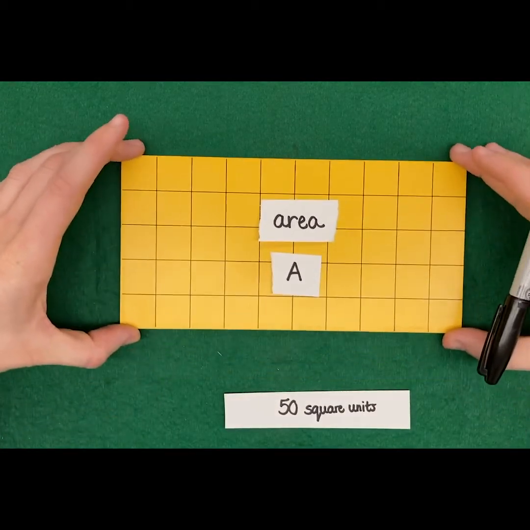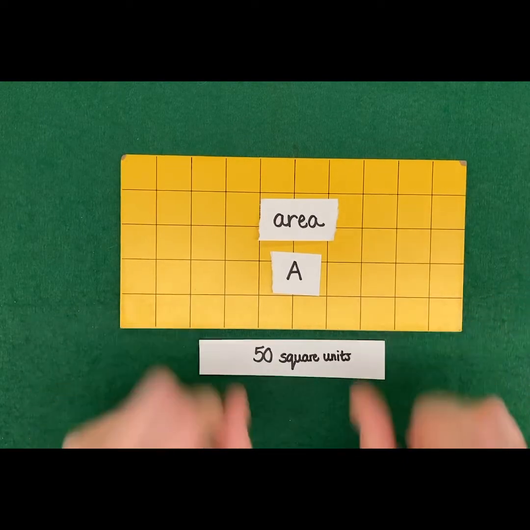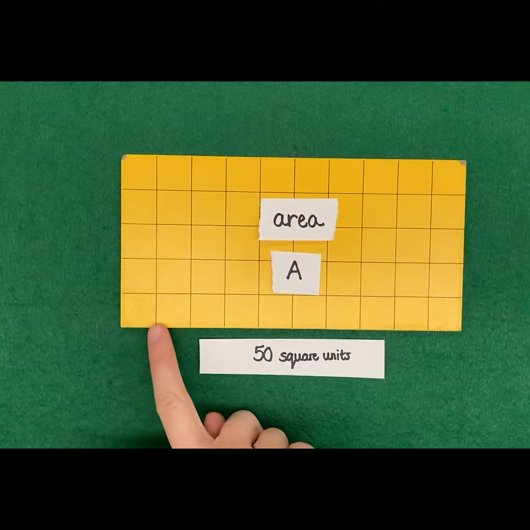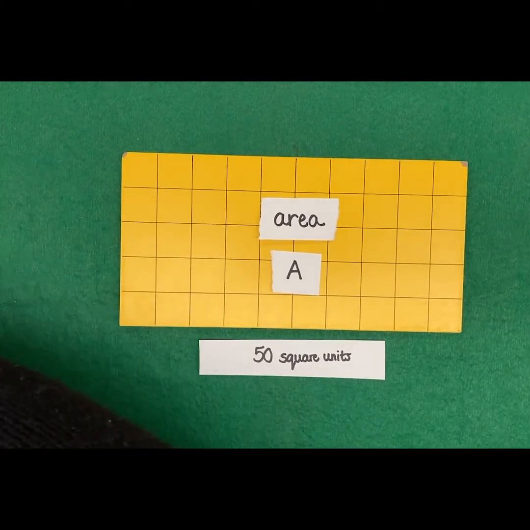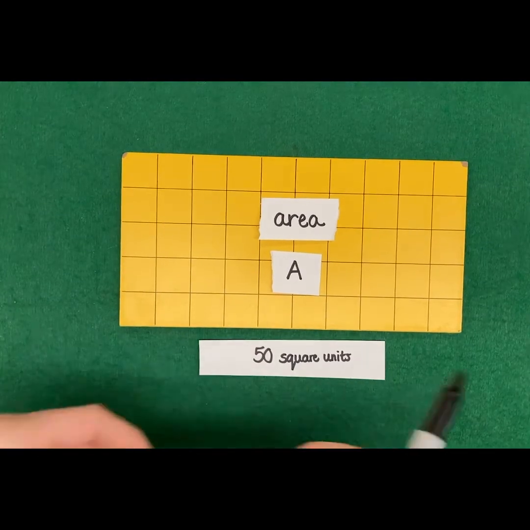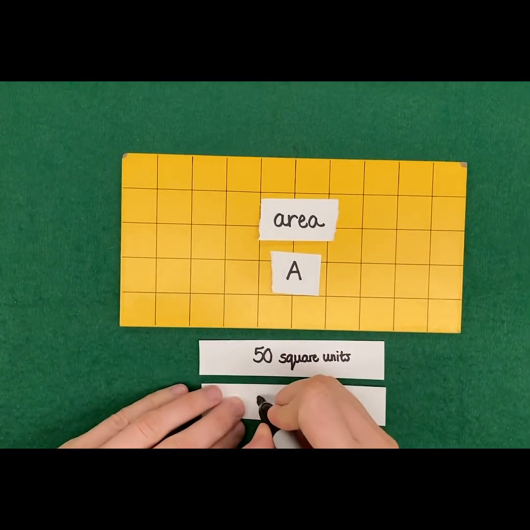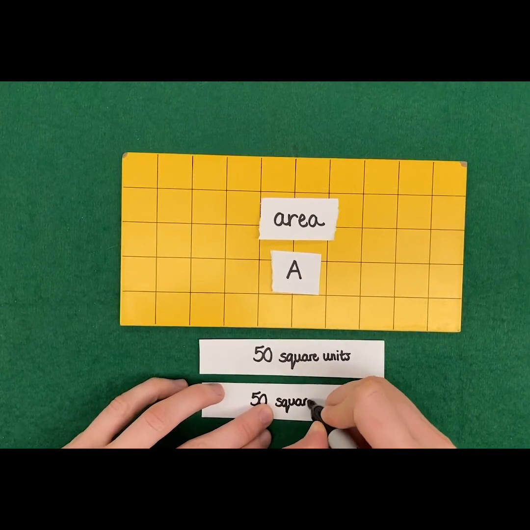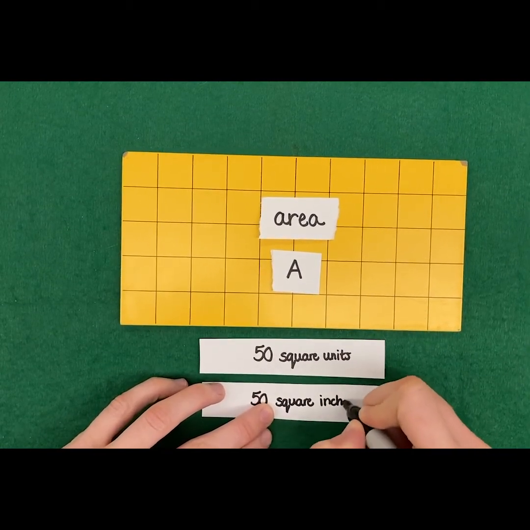I'm going to move this up a little bit so you can see it. Now, I would put units if I didn't know how big the squares were. But in this case, I'm going to say that they're an inch by an inch. And so I can get even more specific, and I can say that the area is actually 50 square inches.